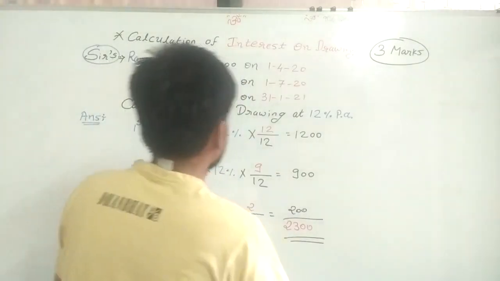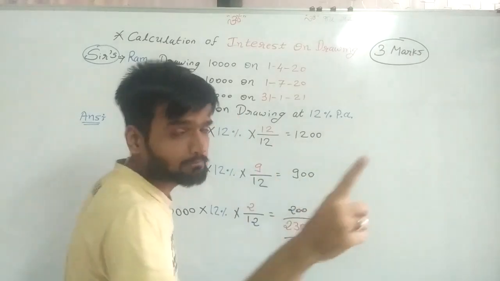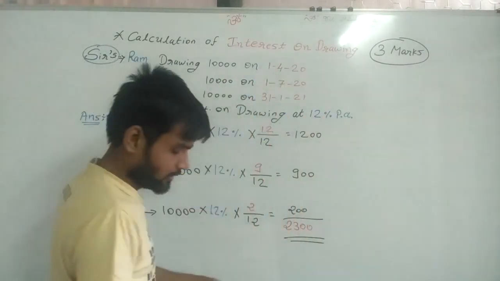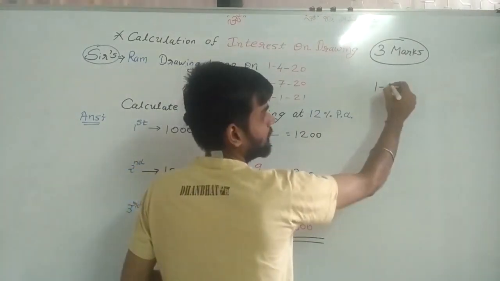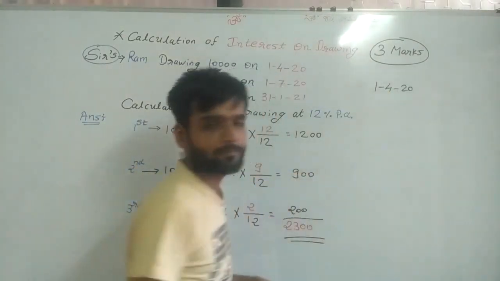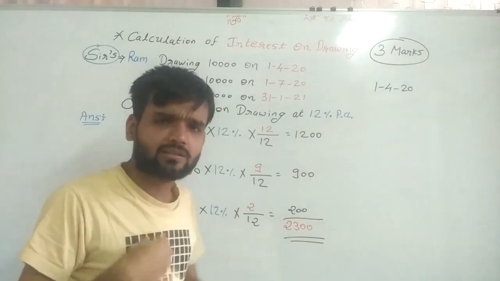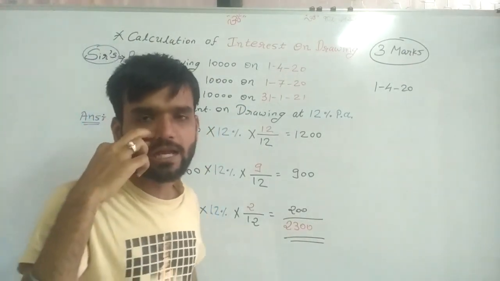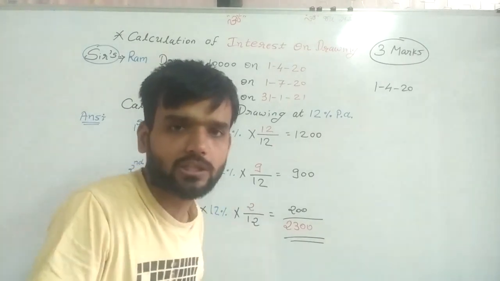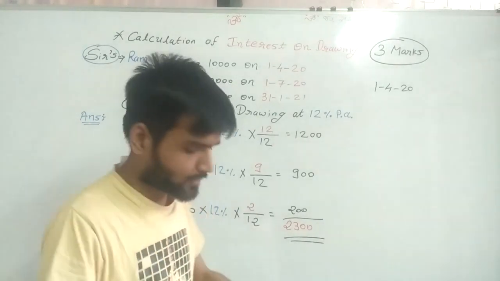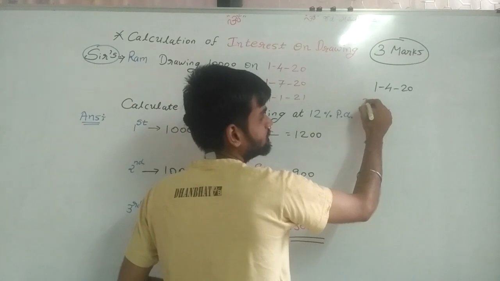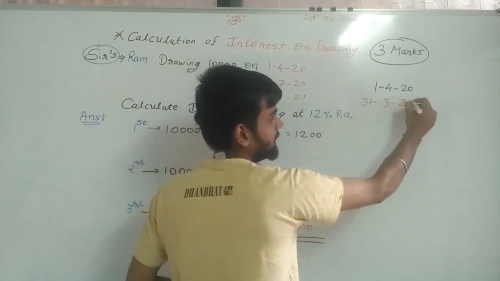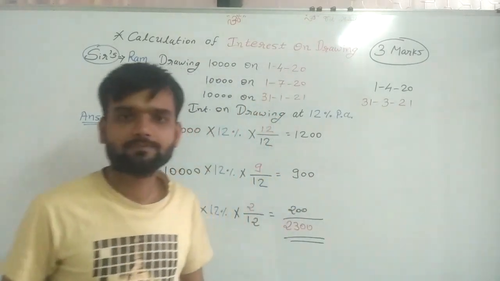see here, first drawing by Ram, 10,000 rupees on 1/4/20. So first of all write the date 1/4/20, and my year ending date, as always in accountancy, the year ends on 31st March, 31/3/21.